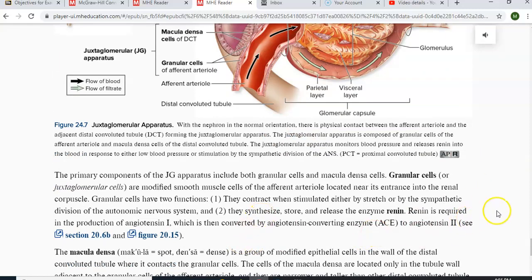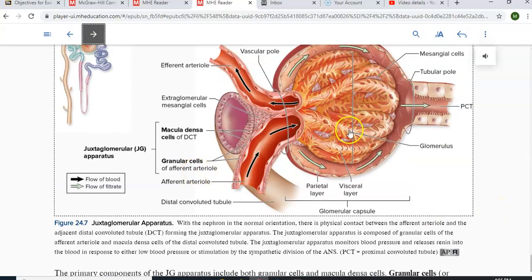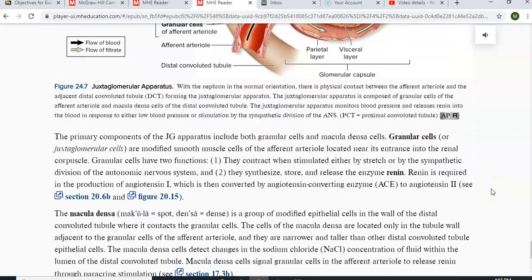And then the other thing they do: they're part of the circulatory system, so we don't really consider it a hormone from the kidneys. But those cells are also going to produce, and I usually call it a hormone, but they call it an enzyme. So it produces a hormone/enzyme called renin.